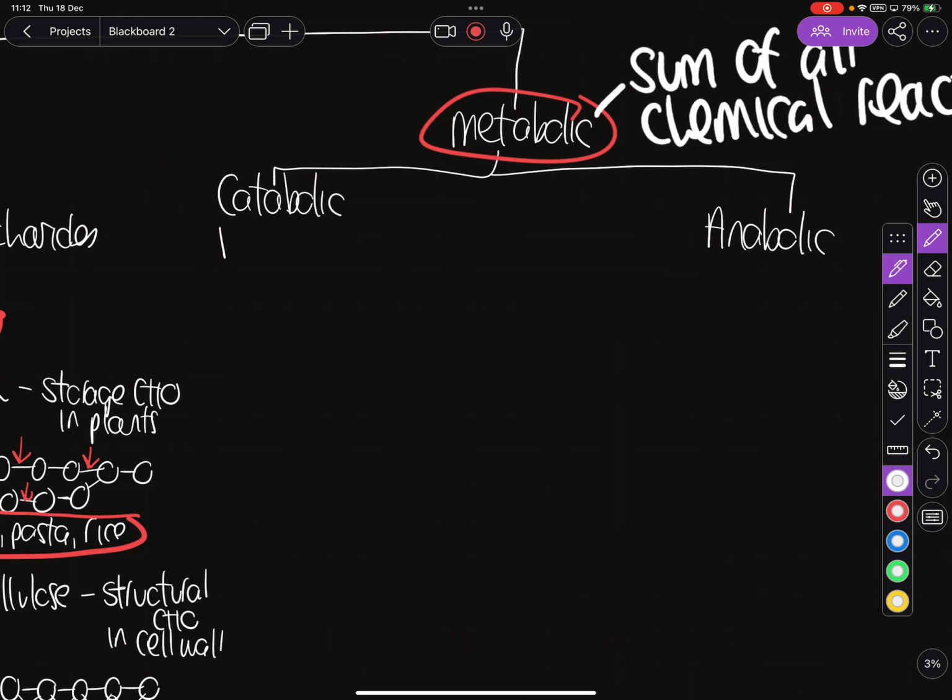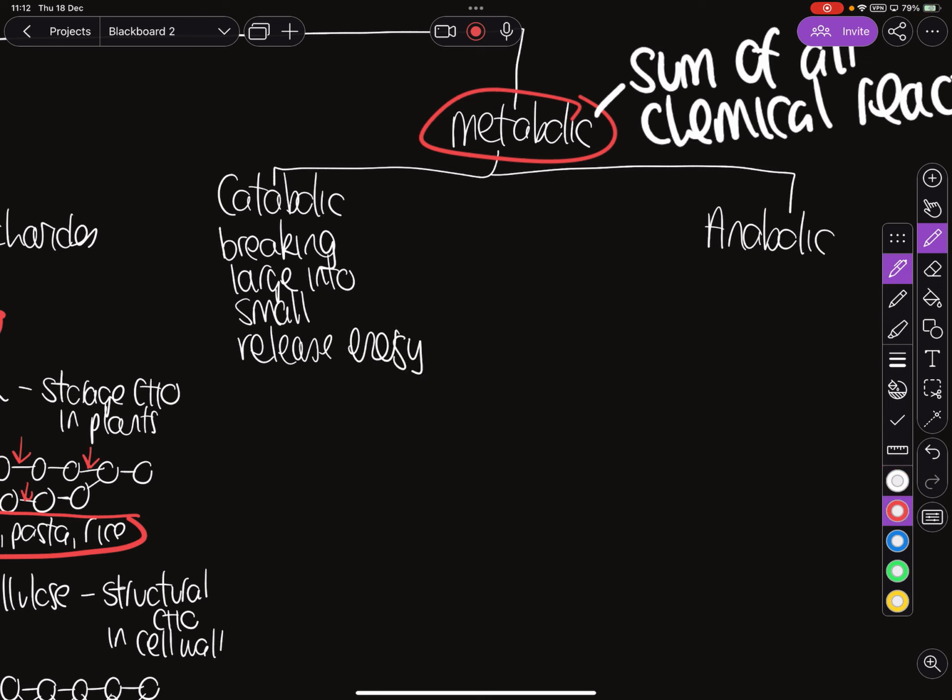Catabolic is, and I'm just going to put in the keywords, you are breaking large molecules into small molecules, and when you do that, you release energy. In the notes, you might see a little hint: if your cat was to eat you, the cat for catabolic, there would be little pieces of you left, and your cat would be very, very fat from all of that energy they're getting.